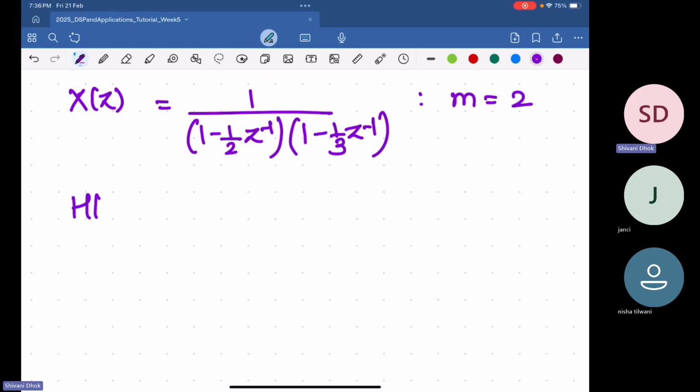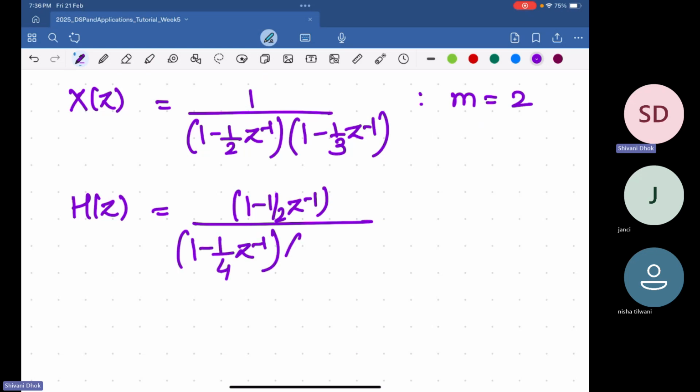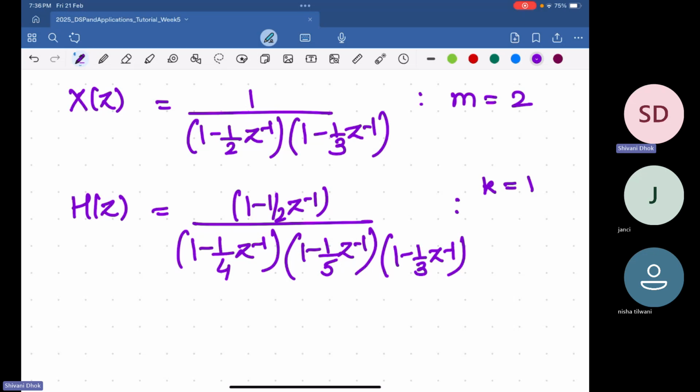And let's say we have H of z as 1 minus 1 by 2 z inverse divided by 1 minus 1 by 4 z inverse into 1 minus 1 by 5 z inverse into 1 minus 1 by 3 z inverse. Now, here, how many zeros does it have? It has k equal to 1 zero and n equal to 3 poles. And there is one pole in common. So 1 by 3 is the common pole.